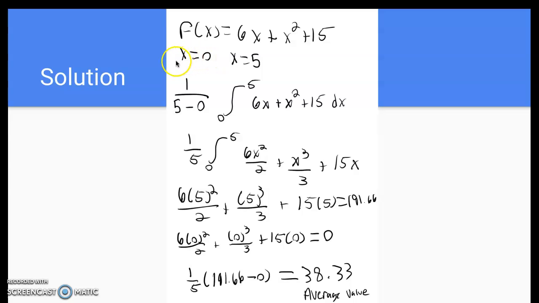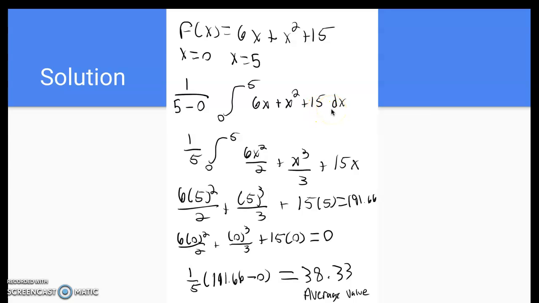Then we have to make sure we have our x values: x equals 0, x equals 5. Our 0 is going to be the a value, and our 5 is going to be the b value, so it would be 1 over 5 minus 0, and then the integral from 0 to 5 of 6x plus x squared plus 15.